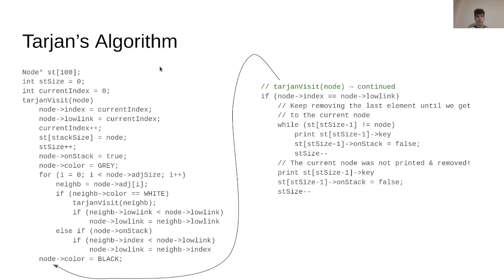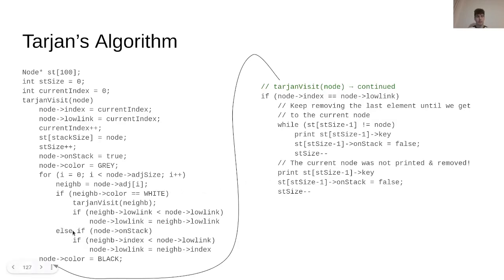So let's see where they come in the final algorithm. Here, when we add the node to the stack, we make the on stack true. And here, when we remove it from the stack, we make its on stack false. Same here. And here we have the check.